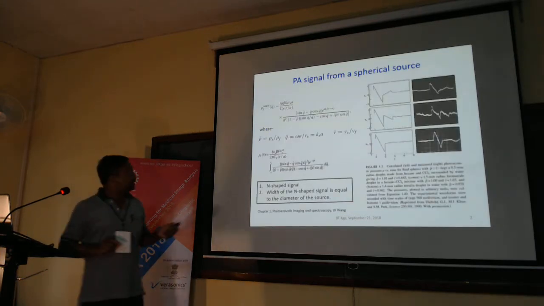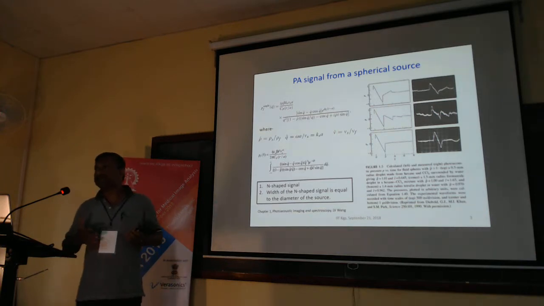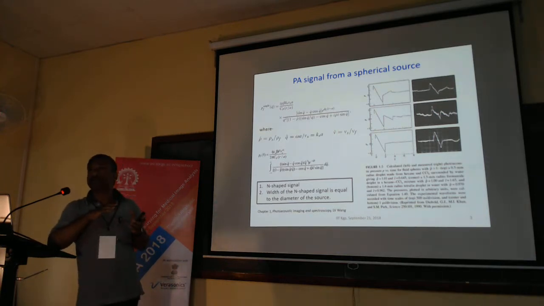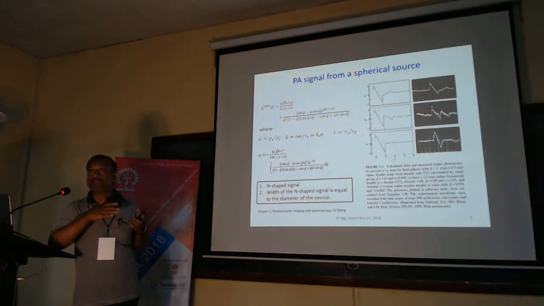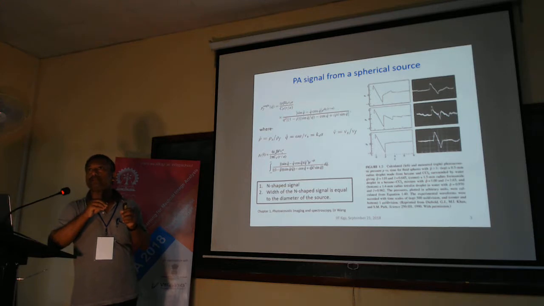Okay, basically mathematically, as I said yesterday, you can solve the differential equation, the wave equation, basically the Helmholtz equation, the time independent wave equation. For a spherical source, you can easily solve that and use the boundary condition, that is the continuity of the pressure and the particle velocity, and you can get a solution.